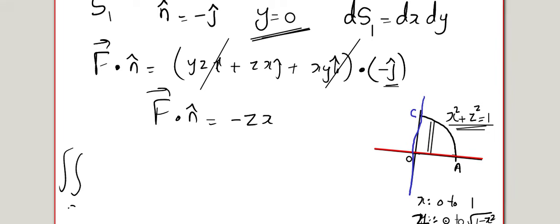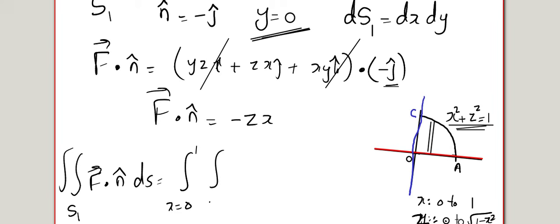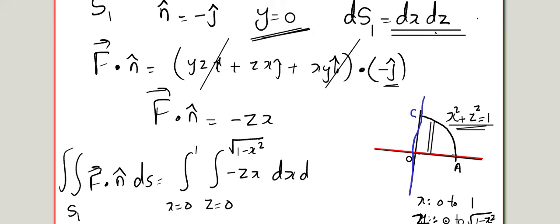So the double integral over S1 of F dot n cap dS is given by x equal to 0 to 1, z equal to 0 to root under 1 minus x square, minus zx dx. Oh, what did I write here? It's not dy dz. I told you there is no y movement, so please do correct it.